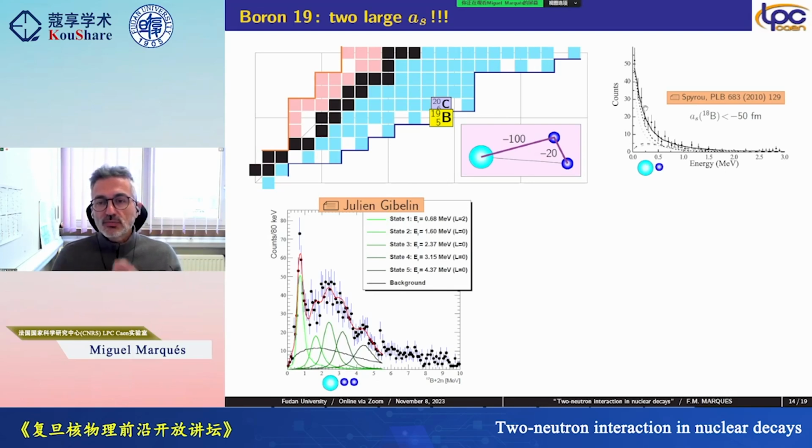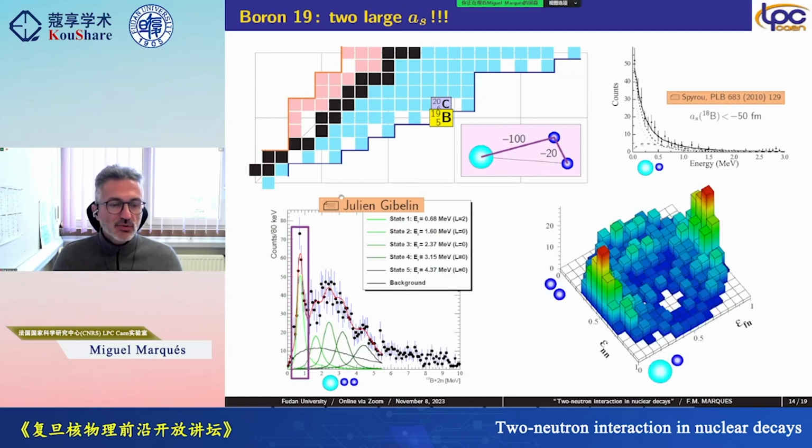And they could not measure the scattering length. They only gave an upper limit of -50 fermis. So you have here a 3-body system governed by very strong scattering lengths.